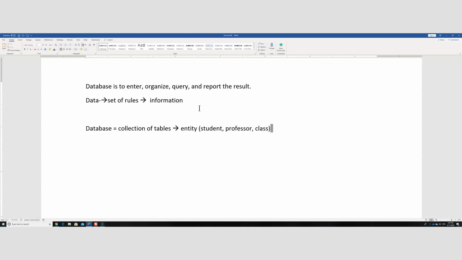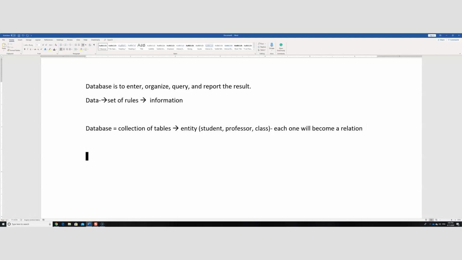Each one of those will turn into a table in a database. But also, since I'm going to link them together, each one will become a relation in a relational database.